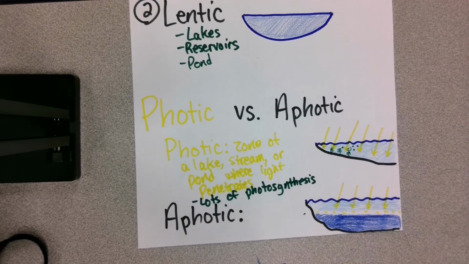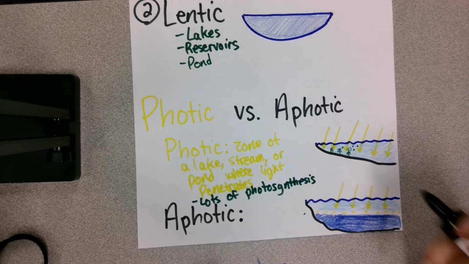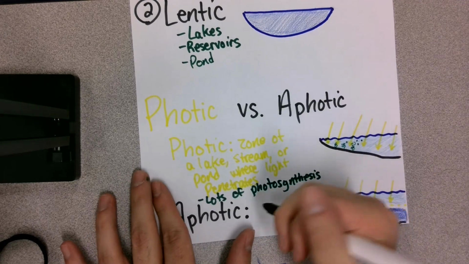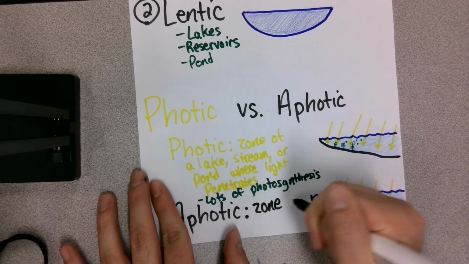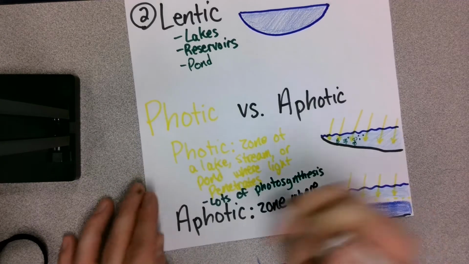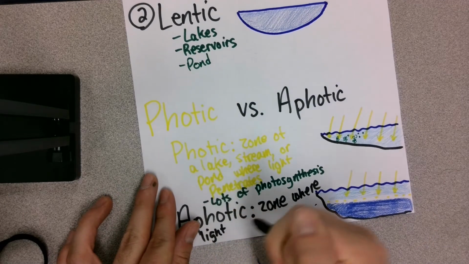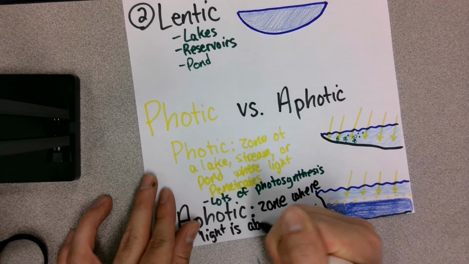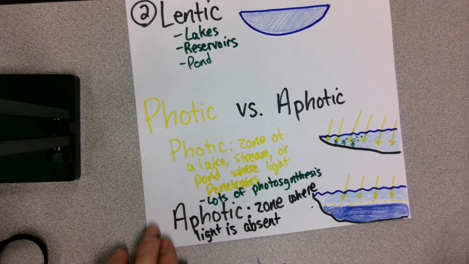Alright, the next zone is the aphotic zone, and I wrote it in black here to indicate dark. This is a zone where light is absent, or it doesn't penetrate, basically.